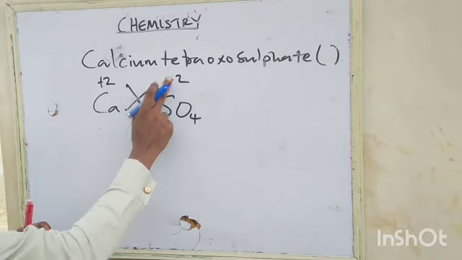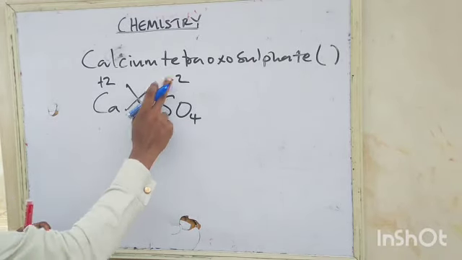Now, we are looking for sulfate what? The center element here is sulfur. So we calculate the oxidation number of elements in a compound. We are calculating that of sulfur to find out the actual correct IUPAC naming of this compound. So calcium is in group 2, say +2, plus sulfur, the central element represented as S, then plus oxygen. Oxygen is in group 6, so the oxidation number is -2.